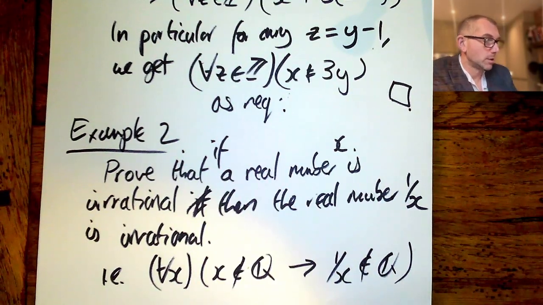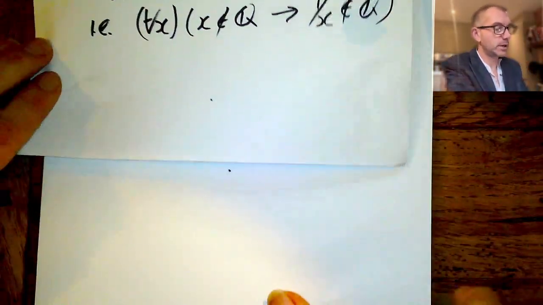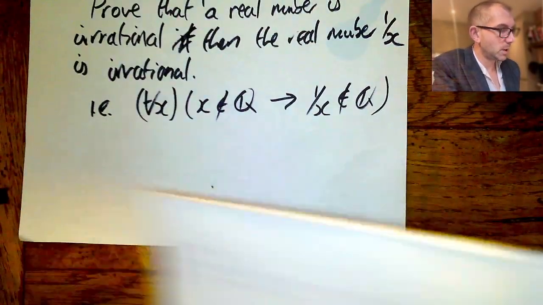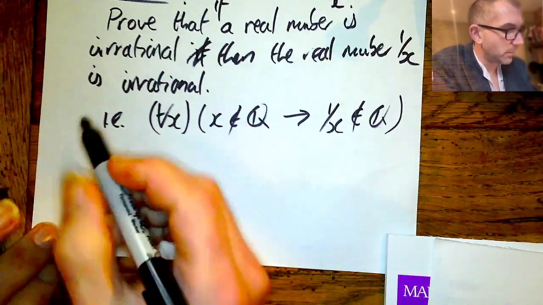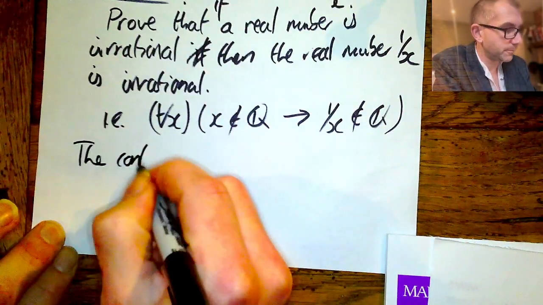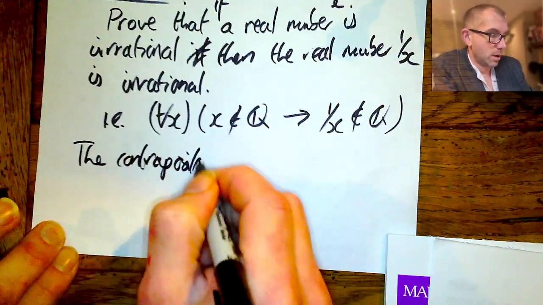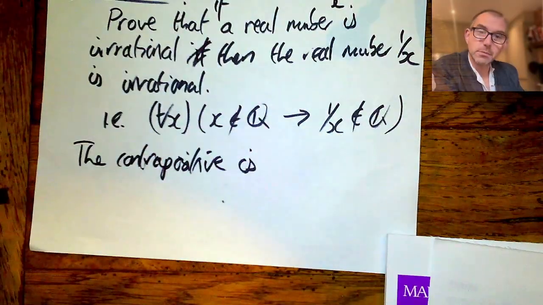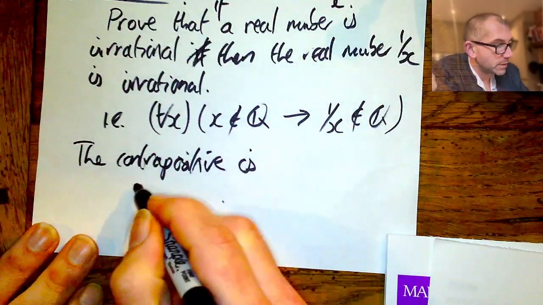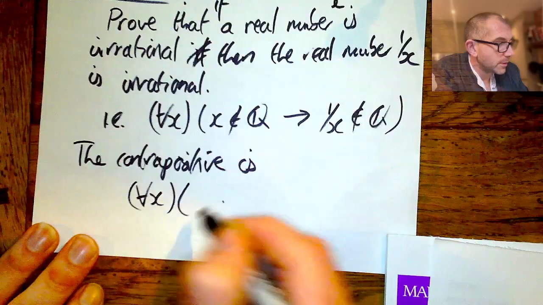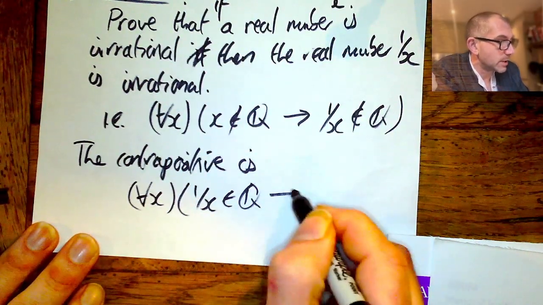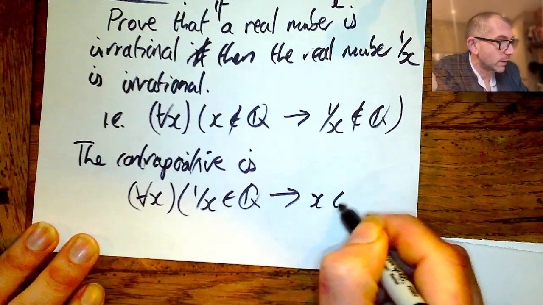Okay, so perhaps what's nice about this one is that we're going to get not in Q to become in Q when we take the contrapositive. So the contrapositive is, you've got these two implications, you take not of each of them and then swap them over. The contrapositive is for all x, 1 over x is a rational number implies that x is a rational number.